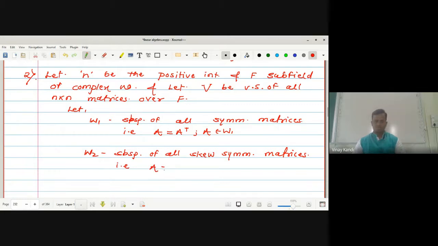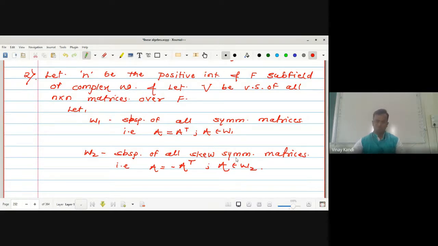Now tell me whether the set of all skew symmetric matrices, or the set of all symmetric matrices, forms a vector space or not. First, with addition, is this algebraic structure an abelian group?